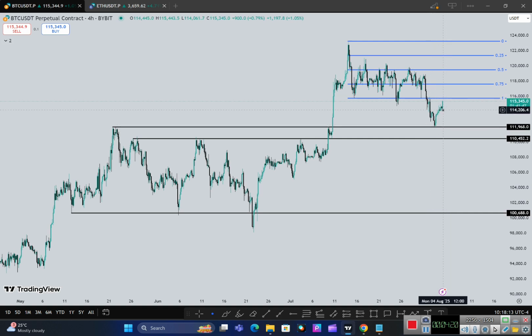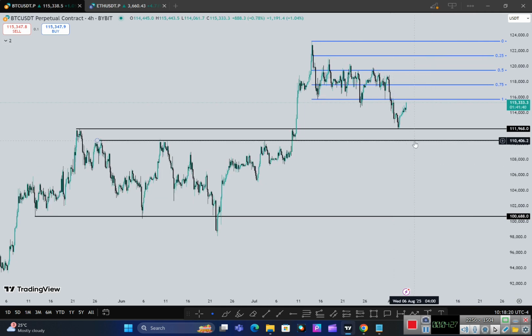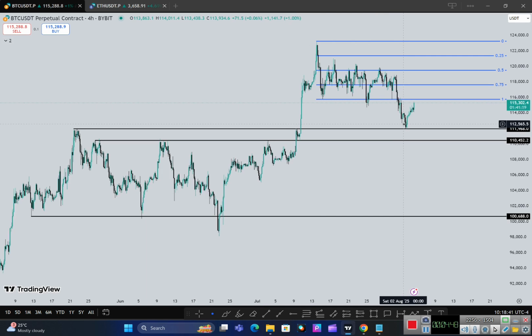But if price goes back below this level, especially below this line, then we will have a new dealing range, and we can expect lower prices back into the mid range, which is this low, and then lower. Currently this level is acting quite well as a support, and we don't expect lower prices but higher prices, and this can be the Bitcoin bottom for a new all-time high.